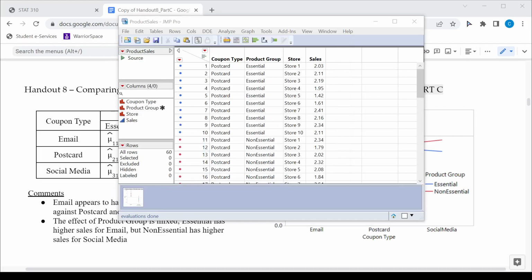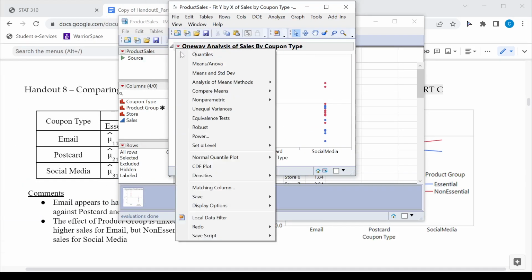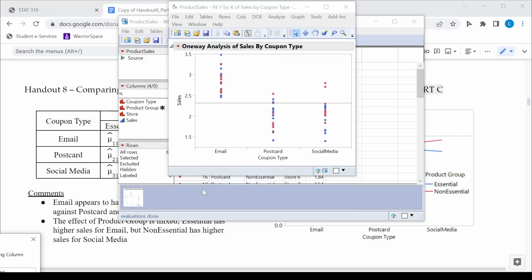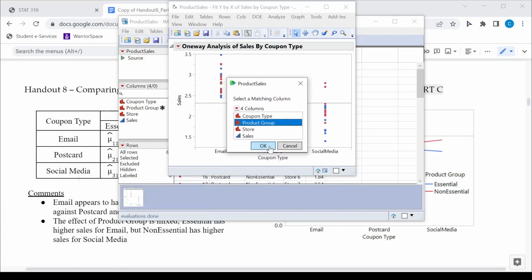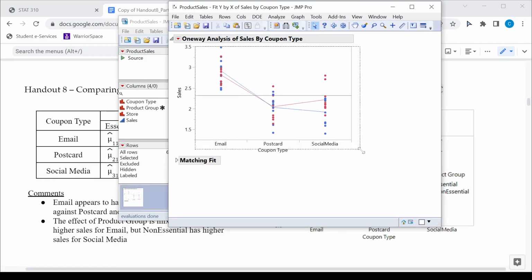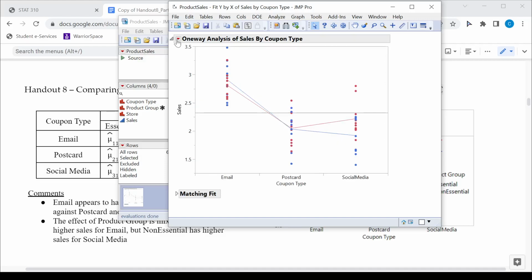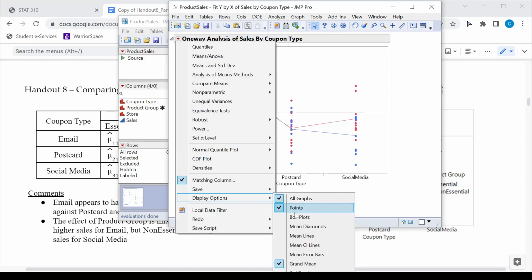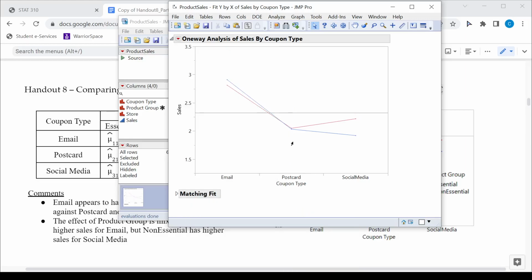And then I need to do a matching column with the other variable, which is my product group. Those are my two lines that I'm looking at, which are just the averages. I can turn the dots off, and then that's the display that I gave you in the notes.